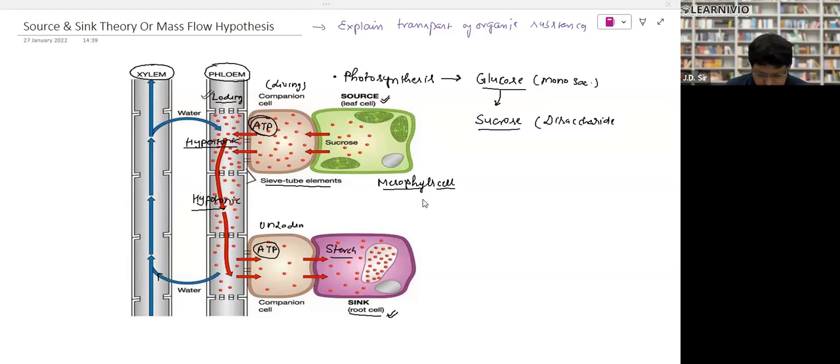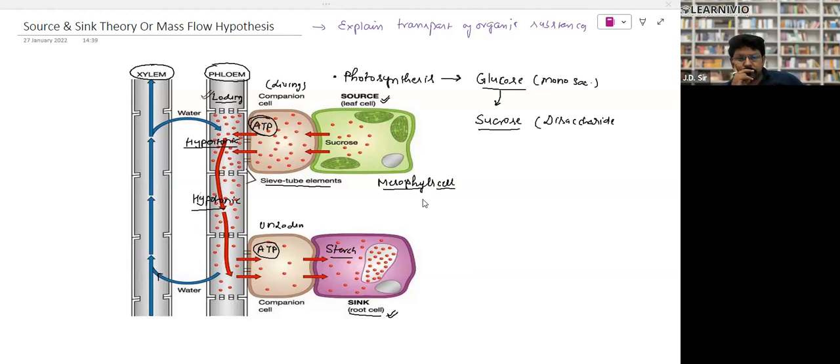Glucose is a monosaccharide which is converted into sucrose, that is a disaccharide. Full stop. Next point.